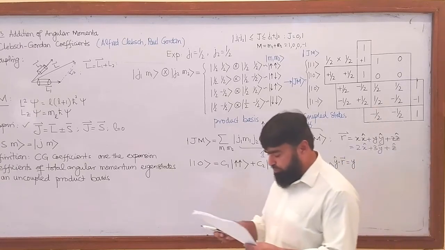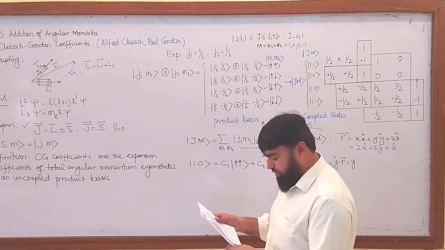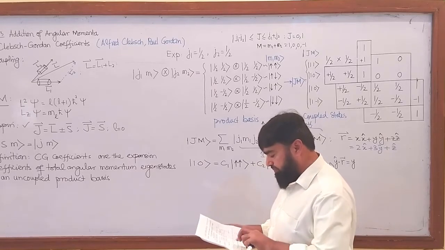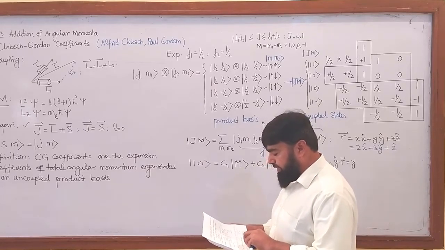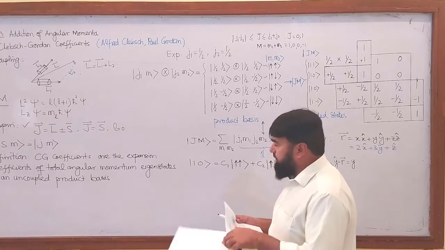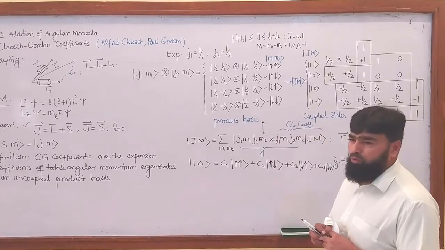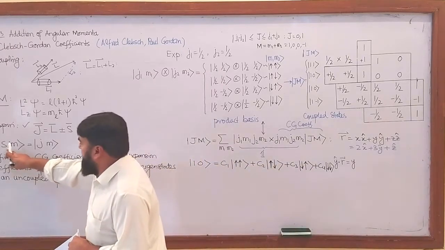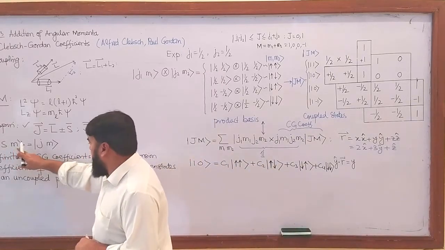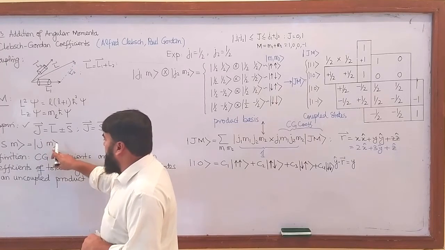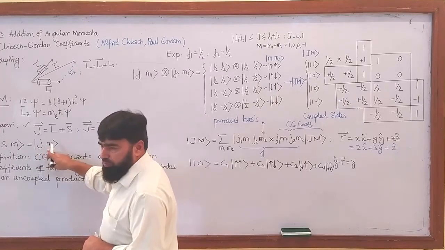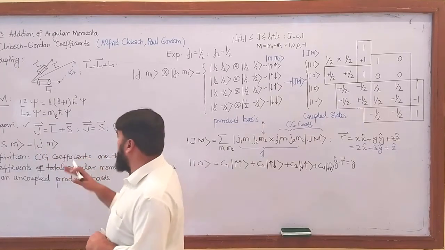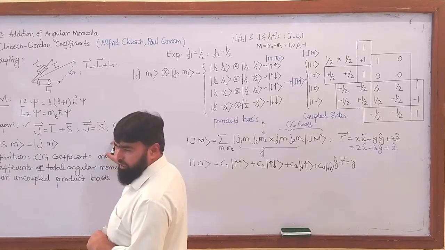So we will have to find out all these things one by one, and the representation is a bit different from your book, because Griffiths is following the S, M combination and not the J, M combination. We will follow the J, M combination. Things are the same, right?